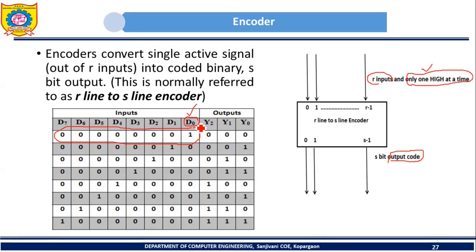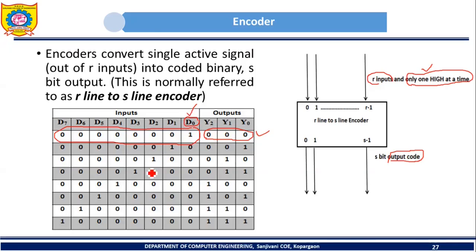What is the binary representation of 0? It is 0 0 0. So in this case the output of the encoder will be 0 0 0.